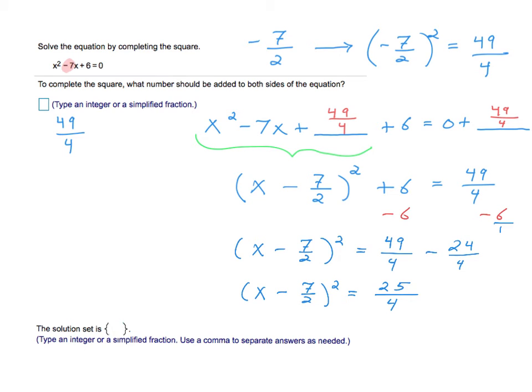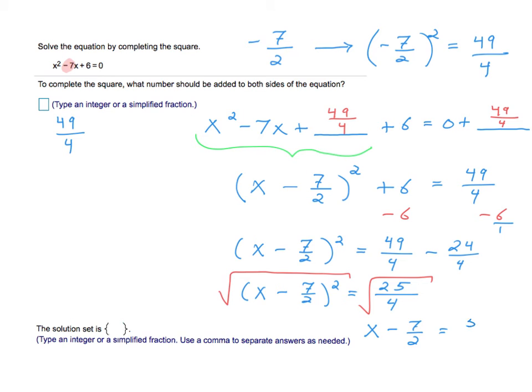The next step is to take the square root of both sides. I'll take the square root of the left, and I'll take the square root of the right. What happens is, on the left, you're left with just x minus 7/2. And on the right, if you square root this fraction, the square root of 25 is 5, and the square root of 4 is 2.